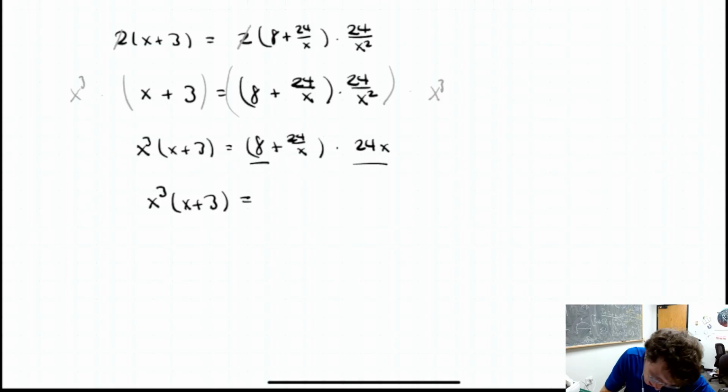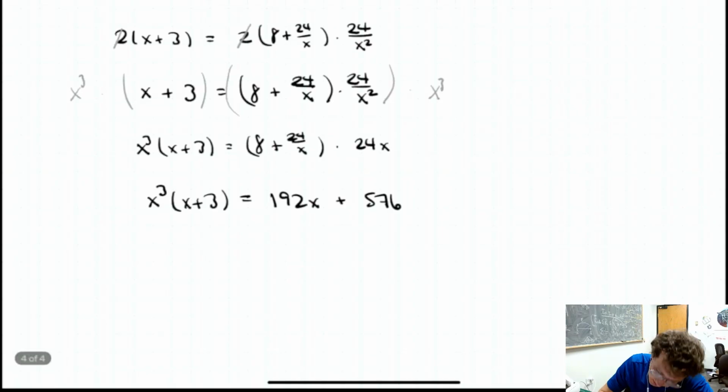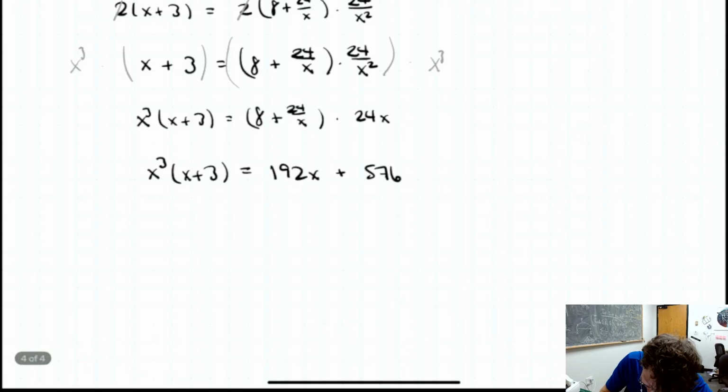When I multiply 8 and 24x, I get 192x. And when I multiply 24 over x by 24x, the x's cancel and I get 24 squared, which is 576. I'm going to double check. 576. Yep. Does this... Yes.